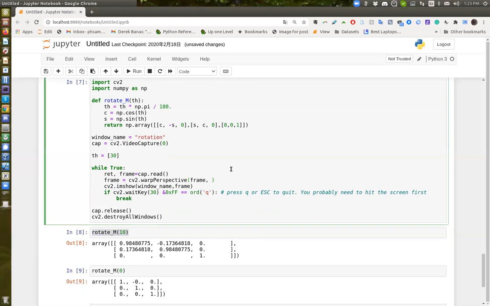So I use this rotate m, let's say th 0. Note that I need to do that because it's a list here. This is a convention for cvui, basically that's how they are able to modify the value.